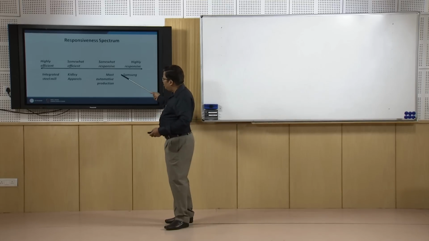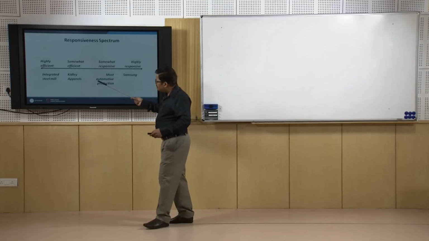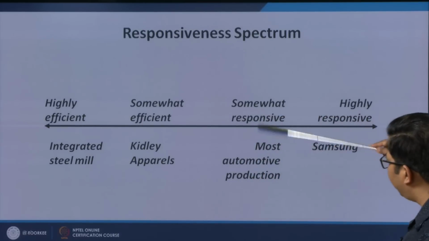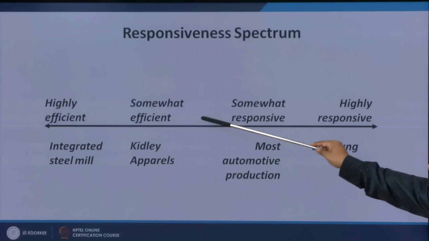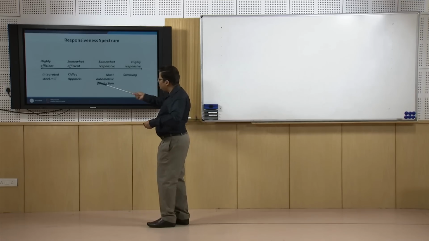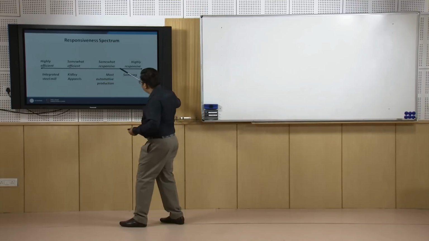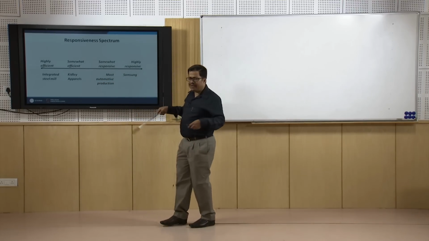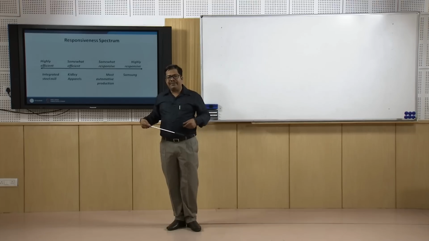So, these are towards the responsiveness side. So, you can actually have intermediate locations depending upon efficiency and responsiveness and their relative ability to make their supply chain efficient and responsive. So, from this point to this point you can have various intermediary locations, and accordingly you can find on your own different examples which you feel are suitable.